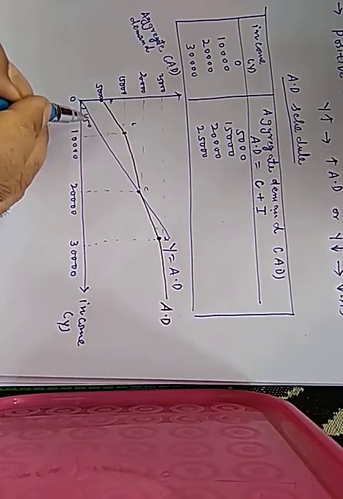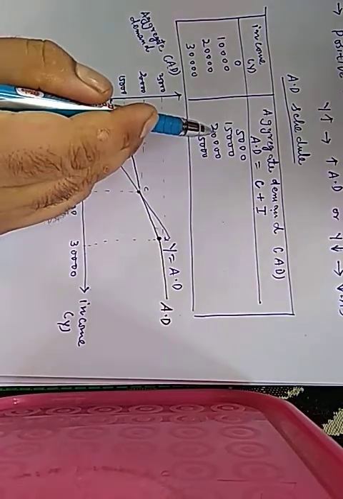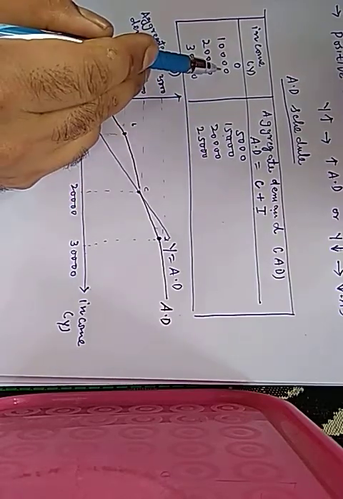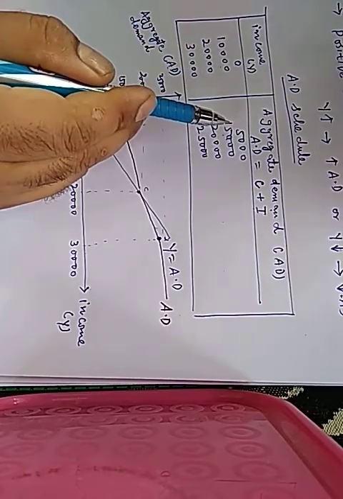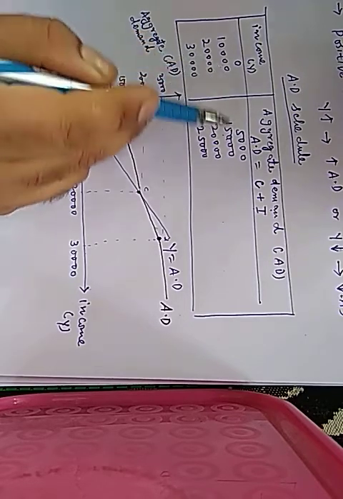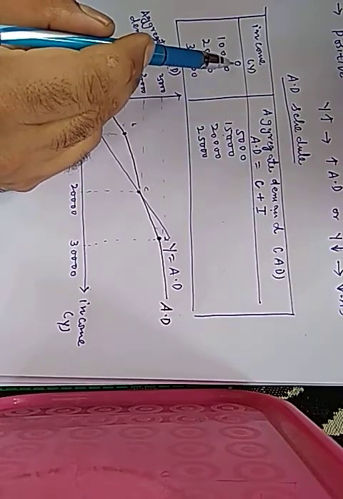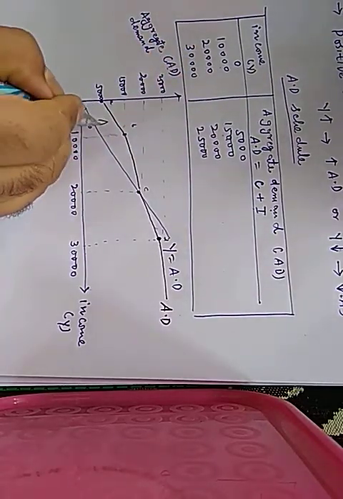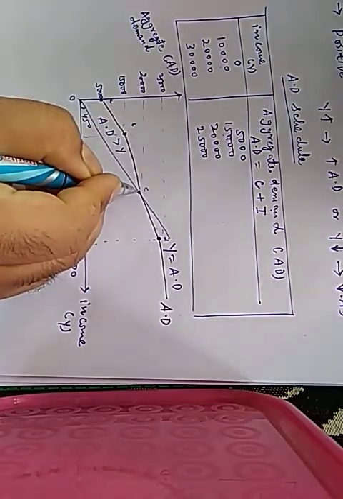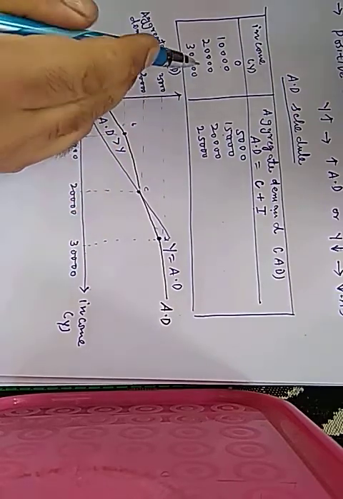Now up to this point, aggregate demand is greater than income. Aggregate demand is 5,000 and 15,000 while income is only 0 and 10,000. Aggregate demand is greater than income up to this point, that's point C. It is the point of equilibrium.